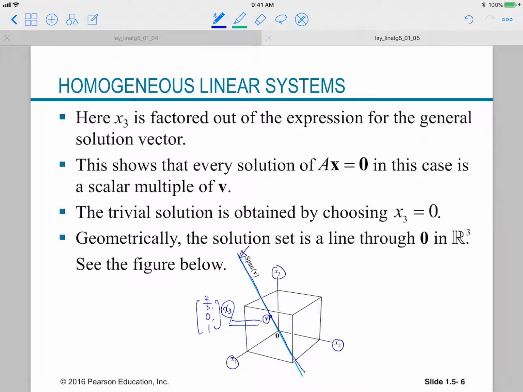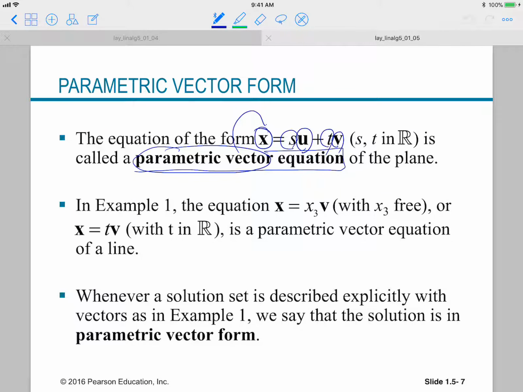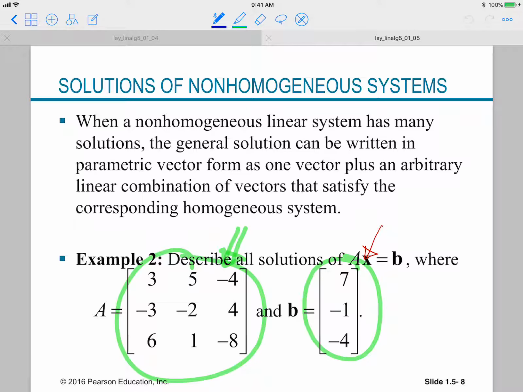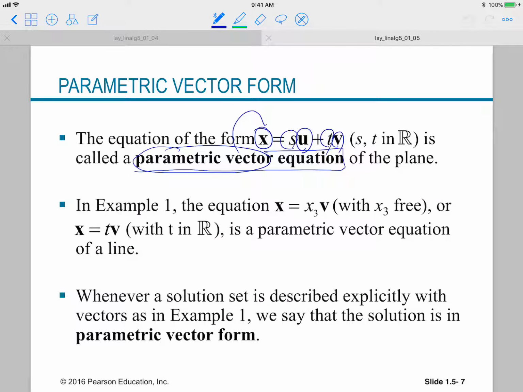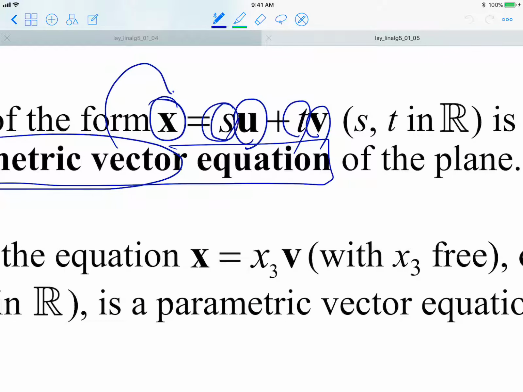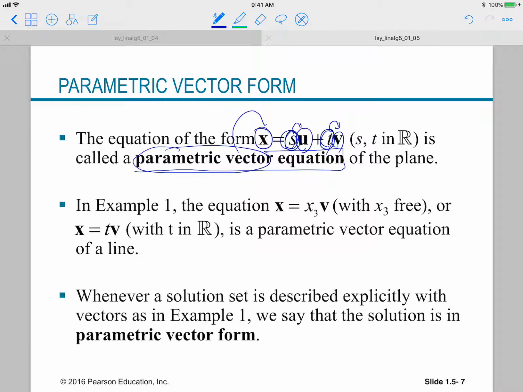And then let's see. What if we have two free variables? In that case, those two parameters of our free variables will correspond to s and t, and we will also have specific vectors that have specific directions.